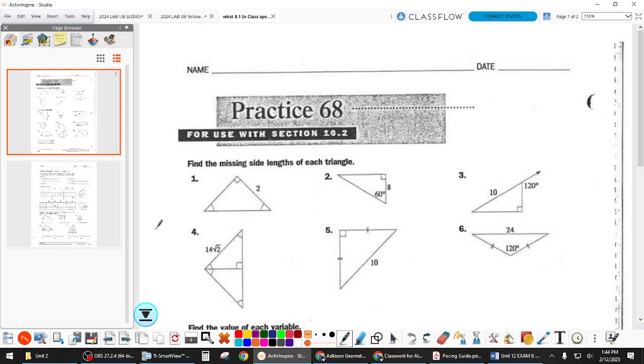Well, it's a right triangle. What do these tell us? They're corresponding. No, it doesn't tell us corresponding. Congruent, right? Those arc marks tell us congruent. So what is the measure of each of those? She said 45, if you didn't hear. It's 90, 45, 45. How do we know? Why is it 45, 45, 90?